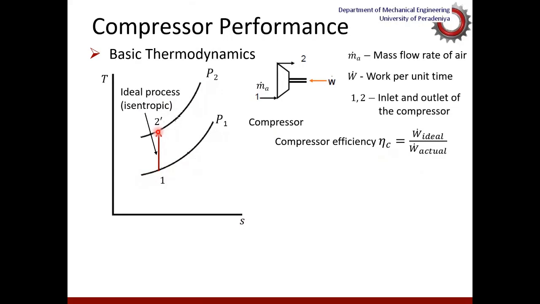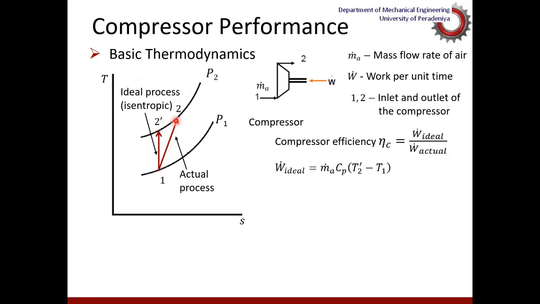Now, the physical process is not isentropic. So there is a certain degree of heat transfer. Accordingly, the actual process would not be an isentropic process. So there is a change of entropy when you are boosting pressure from 1 to 2.